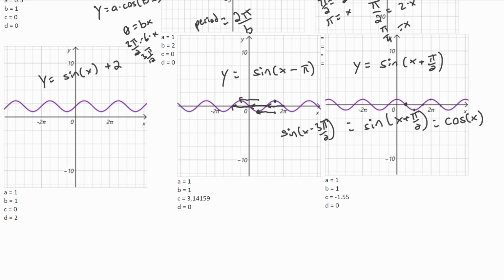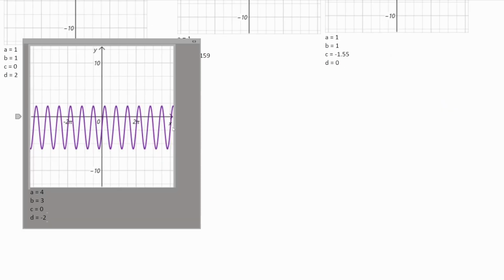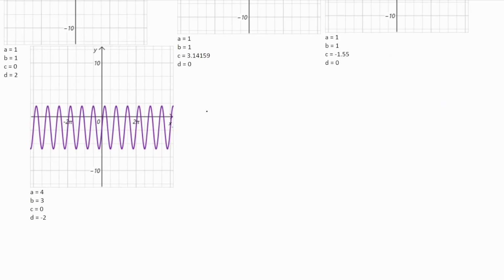And let's say that we had a shift vertically of -2. Let's say that we had no horizontal shift. So again, let me write the equation here. The equation here would be y equals 4 times the sine of 3x minus 2.